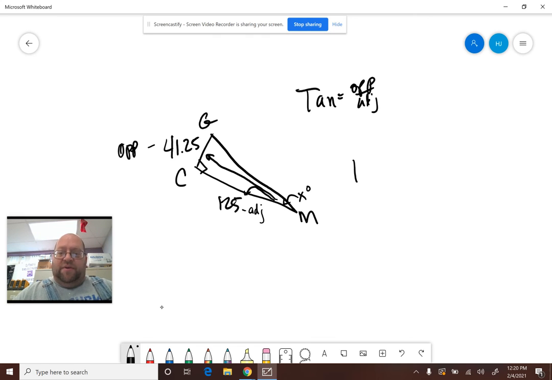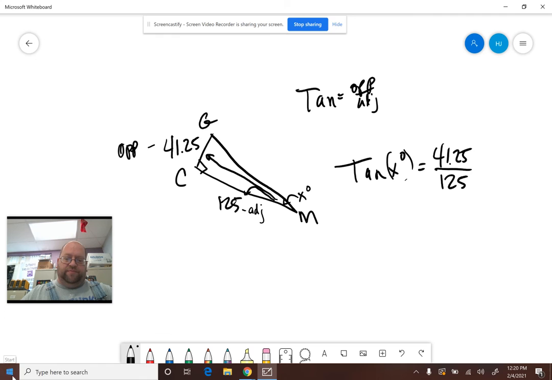So in this case, I'm going to use tangent of x equals opposite over adjacent. My opposite is 41.25. My adjacent is 125. So that's going to be what I put in Desmos.